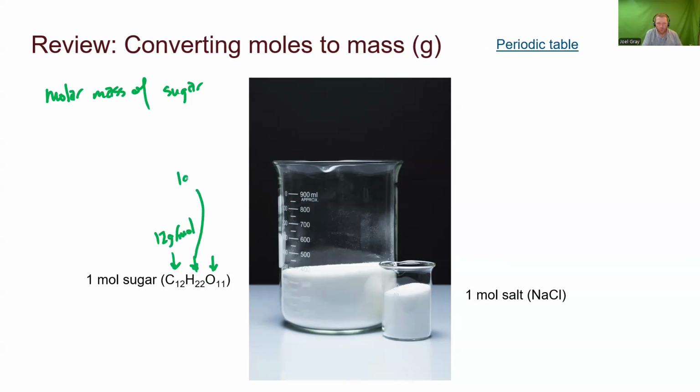Hydrogen is 1 gram per mole. And oxygen is 16 grams per mole. Use those numbers and tell me what is the mass of 1 mole of sugar. And I'll do the same thing.